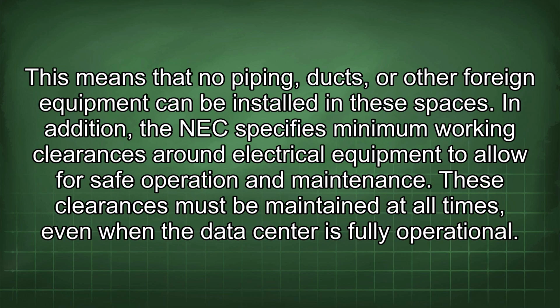This means that no piping, ducts, or other foreign equipment can be installed in these spaces. In addition, the NEC specifies minimum working clearances around electrical equipment to allow for safe operation and maintenance. These clearances must be maintained at all times, even when the data center is fully operational.